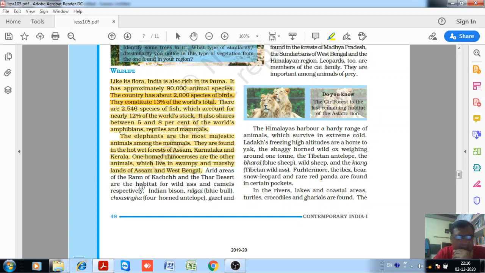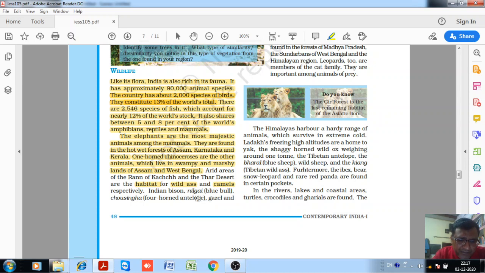Now the arid areas of the Run of Kutch, Gujarat, and the Thar desert of Rajasthan are the habitat, meaning the residence, for the wild ass and the camels. Thar desert is known for camels and Run of Kutch is known for wild ass.